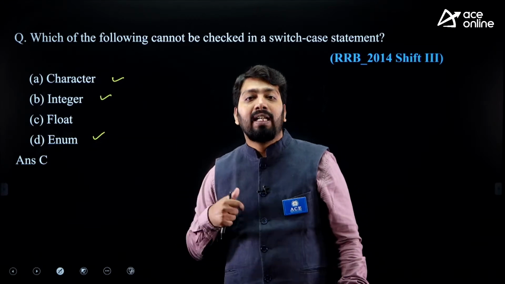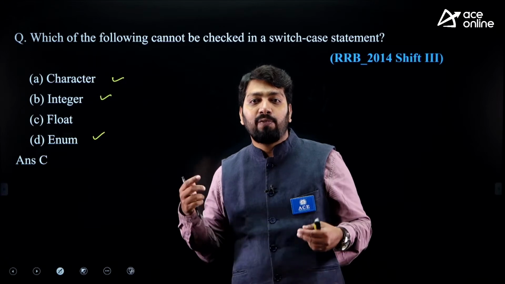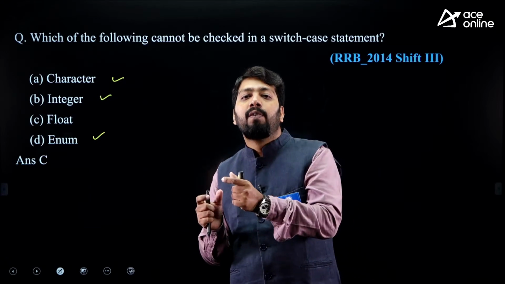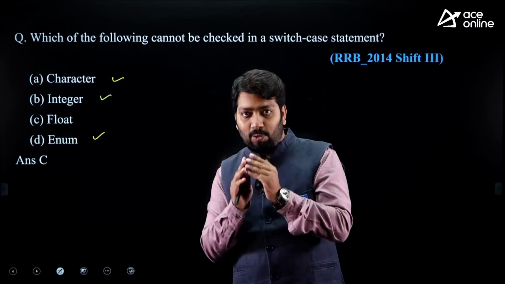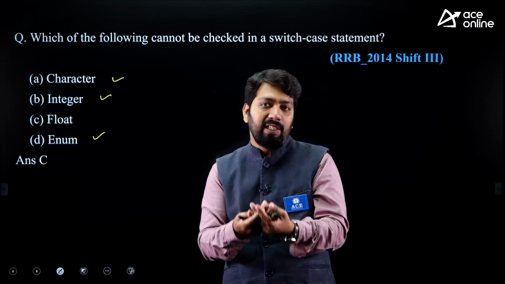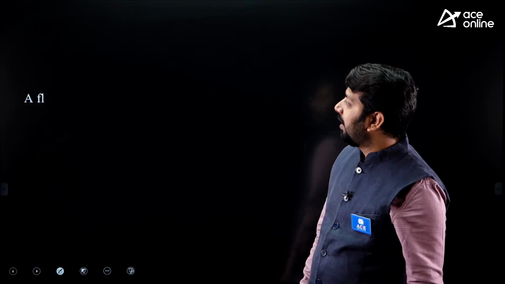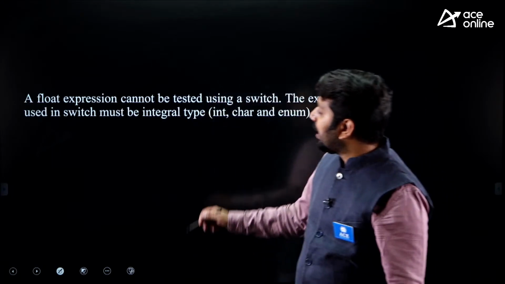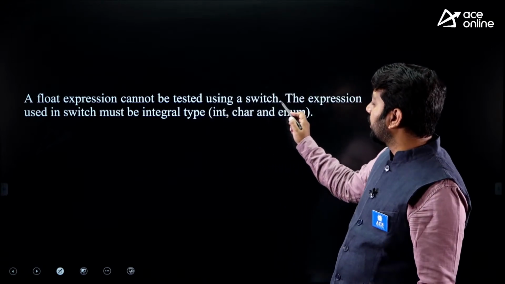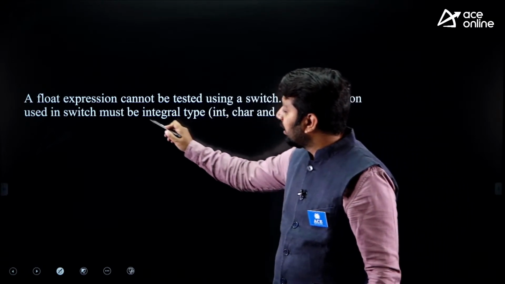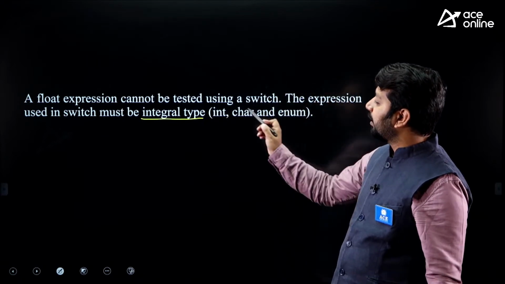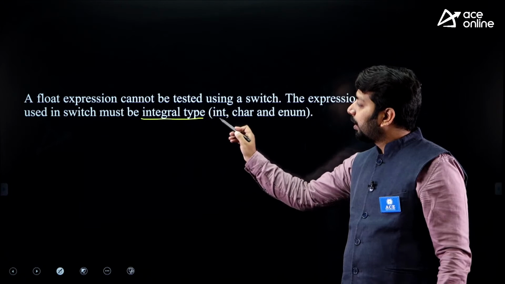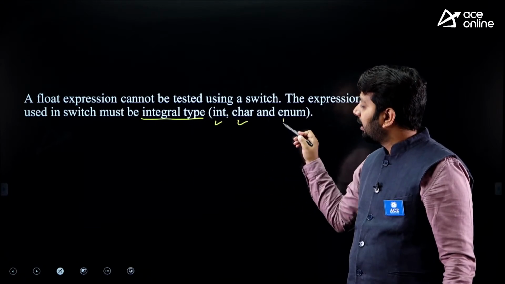Enum is also an integer value where you associate some integer number to some name. So a float expression cannot be tested using switch. The expression can check integral data types, which are integer, character and enum.